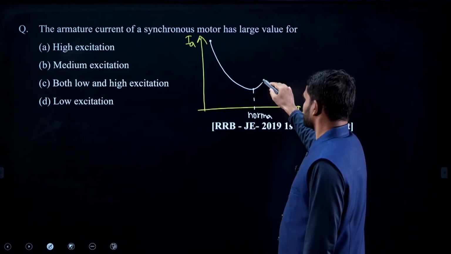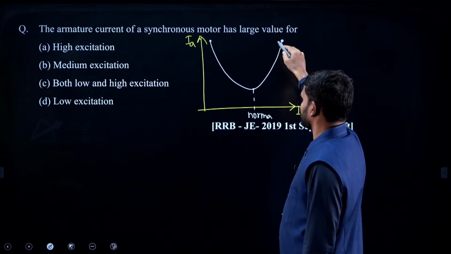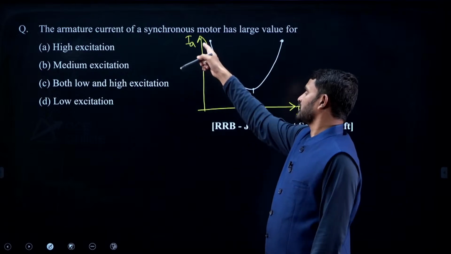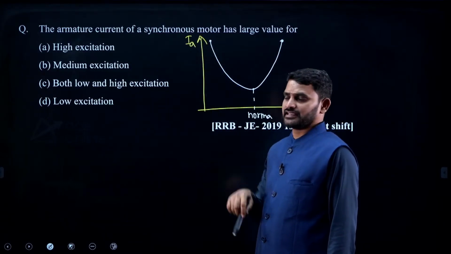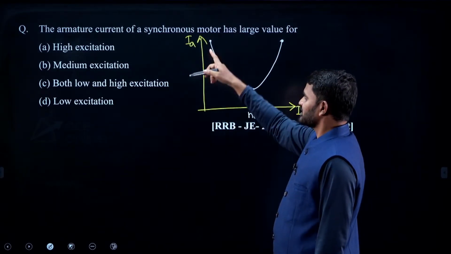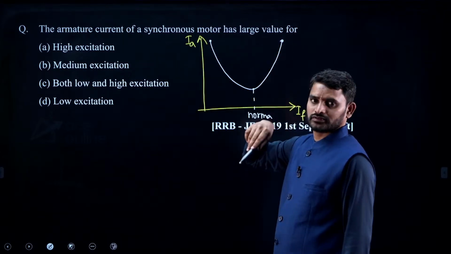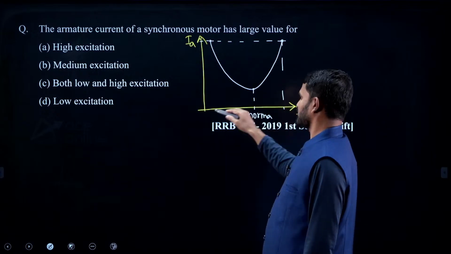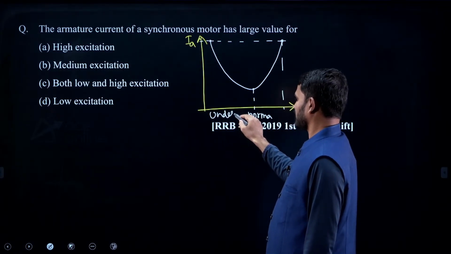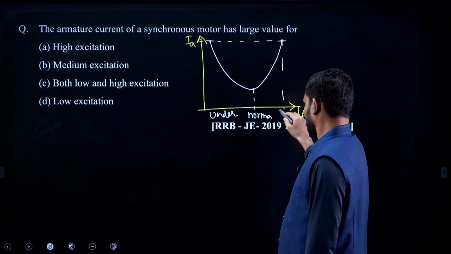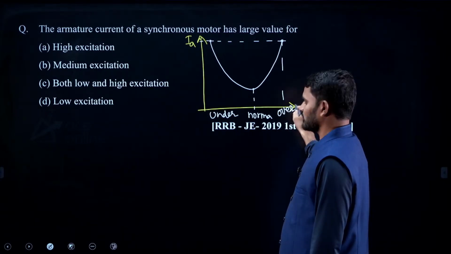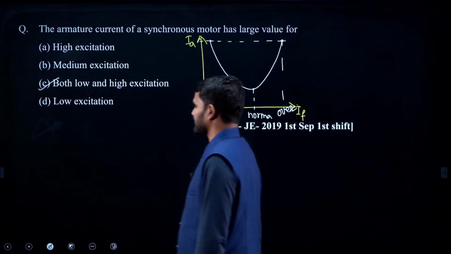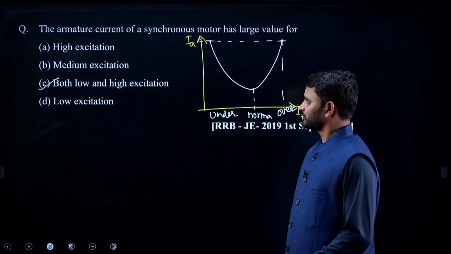If the excitation increases more than normal, again the current increases. It looks like V curves. For inverted V curves, you get power factor versus excitation. So the armature current has a large value at lesser excitation and at large excitation. At under excitation you get a large armature current, and at over excitation also large currents are possible. So both low and high excitation is the answer.